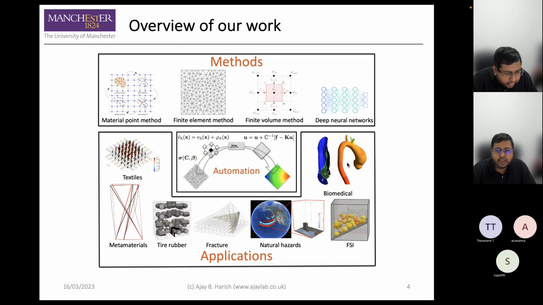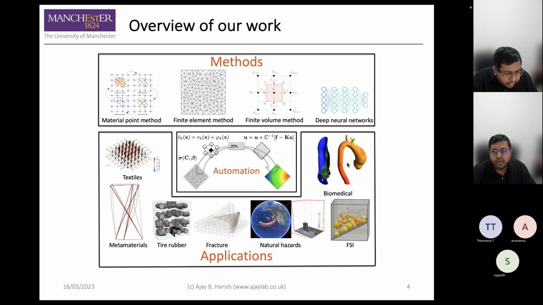Just to summarize some of the work that I've been doing, some areas recently that we started was in biomedical, on the right side. When I was at UC Berkeley, I started working on natural hazards like tsunamis, storm surges, inland flooding, and looking at fluid structure interaction in these problems. Then also on the left side, there are more traditional problems like textiles and composites. For example, my PhD work was looking at tire rubber and metamaterials and so on.